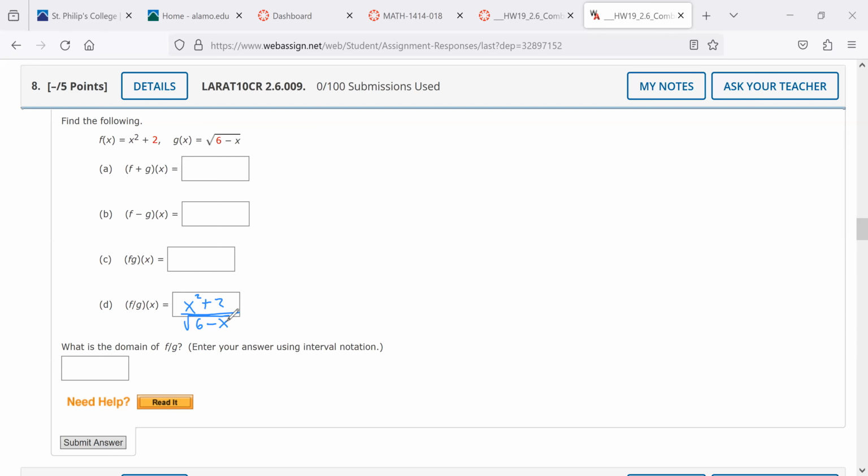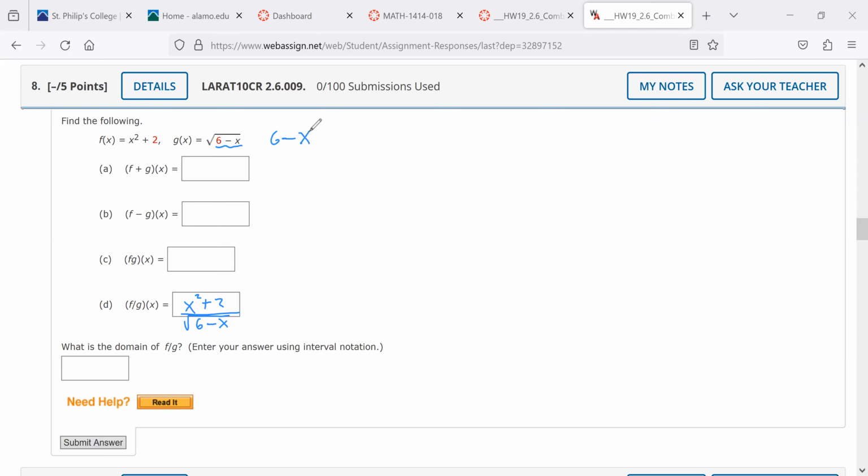Well, how would you find it if you don't see it? Set it equal to 0. Close. What does the inside have to be? Has to be positive.